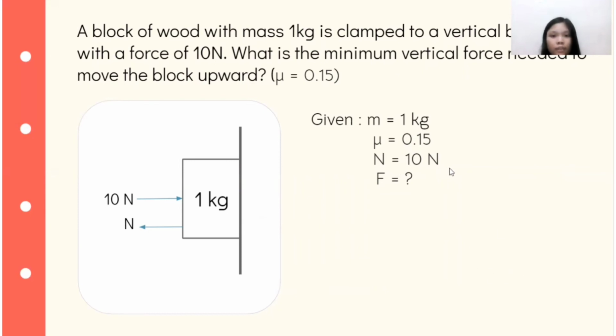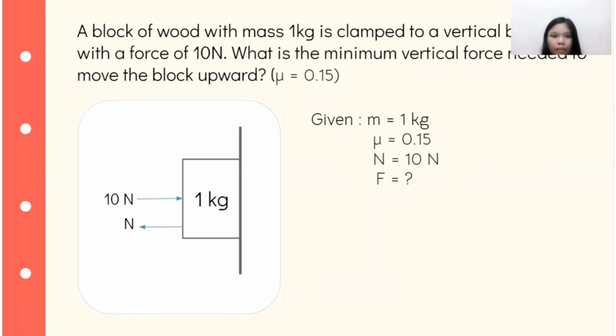The normal force is 10 newton because there are only two forces here. First, 10 newton is going there, and the N is going here. So if we find it, sigma Fy equals 0 because there is no acceleration. So N equals 10 newton.